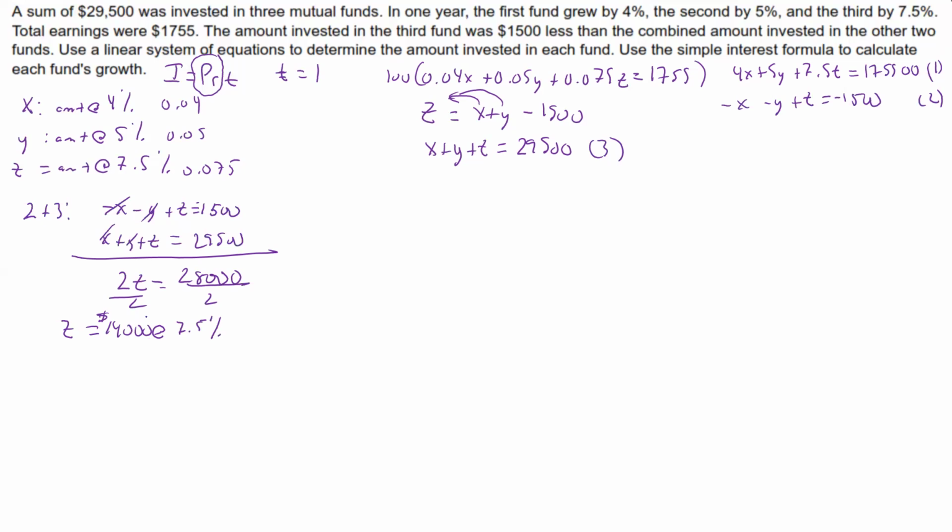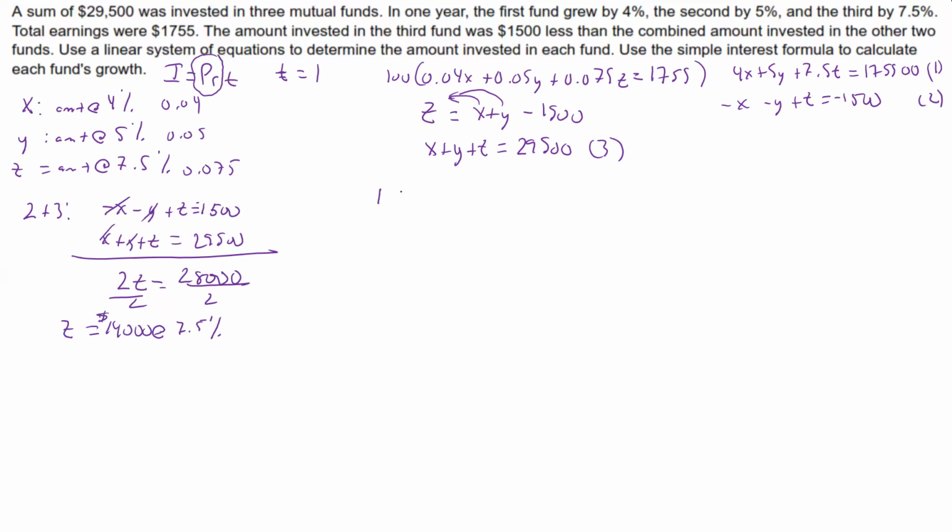All right, now what am I going to do? Let's work with equations 1 and 2. If I get rid of the x's, then I can solve for y because I already know z. Remember, we've already multiplied equation 1 by 100.